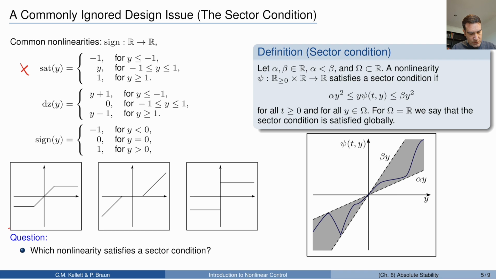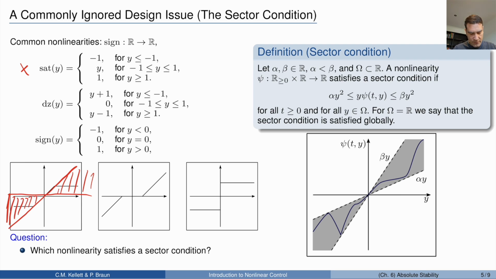Yes, it does, because we can draw two lines, and then our sector is characterized through these parameters alpha and beta here, and we see that the saturation function is in this sector.